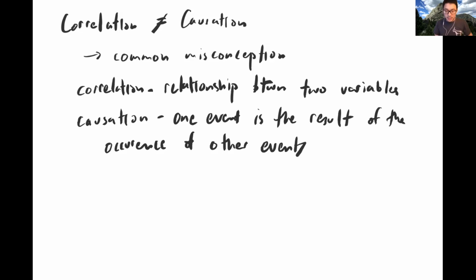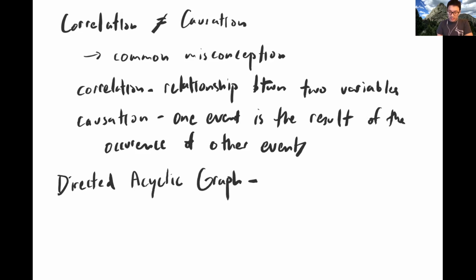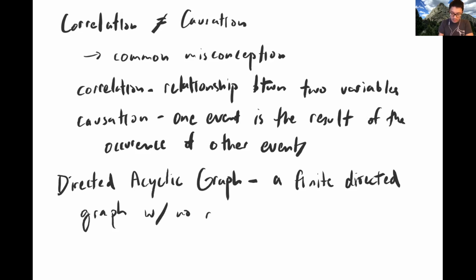Okay, and so to talk about this concept today, we are going to learn the basics of what is known as a directed acyclic graph. This is a finite directed graph with no directed cycles, so no loops.